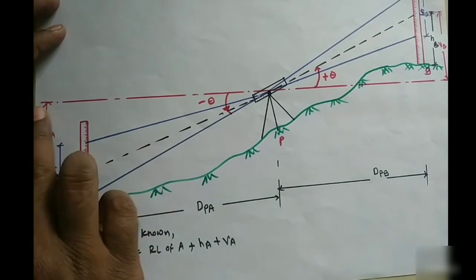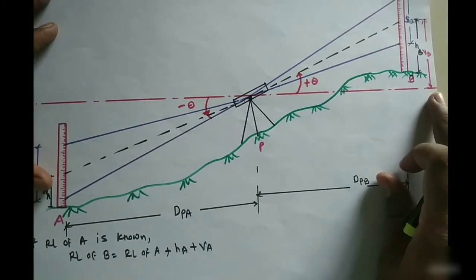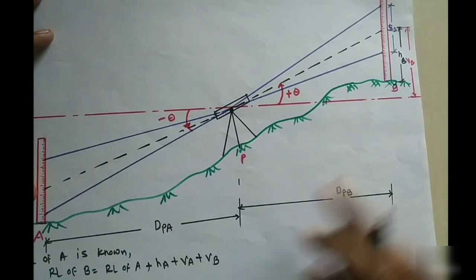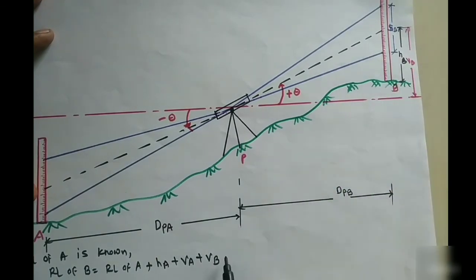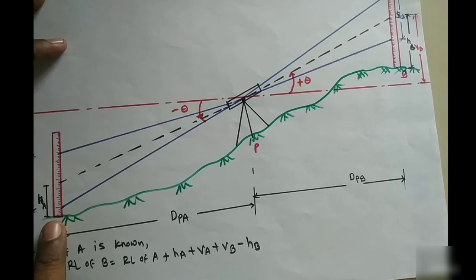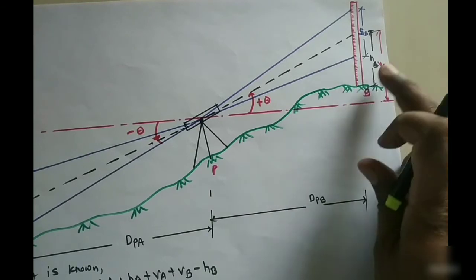Now I will get the height of the instrument axis plus VB minus HB. Note it down, it is very important. RL of A plus HA plus VA plus VB minus HB.